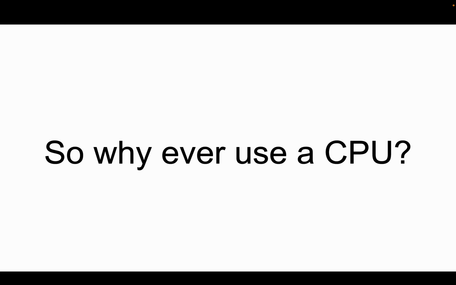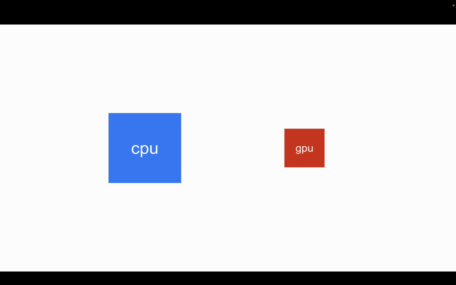So why ever use a CPU? While GPUs are really good at parallel processing, CPUs can still be better for serial processing. In particular, while GPUs have thousands of cores that can run thousands of threads simultaneously, CPUs can only run a few threads at once. The cores in CPUs are much more powerful than the cores in GPUs.